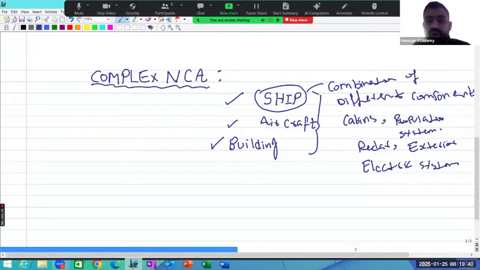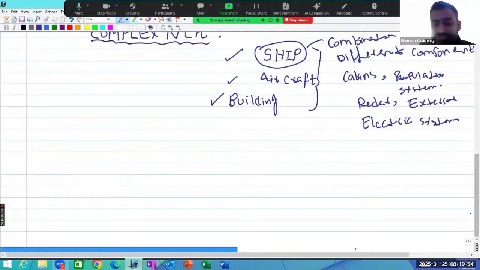Now, the problem in a complex non-current asset is that we cannot depreciate it on a single basis. For example, let's say we are talking about the Airbus 380, an aircraft.